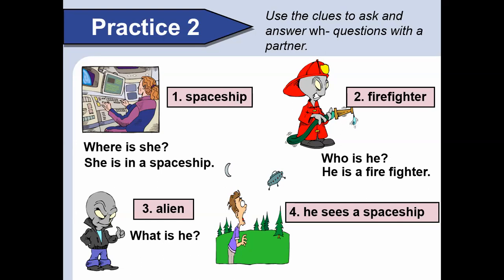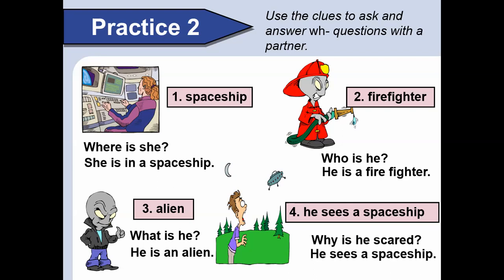What does he see? Yes, the other question can be what does he see? Okay. Or why is he scared? Also, right? Why is he scared? He sees a spaceship.